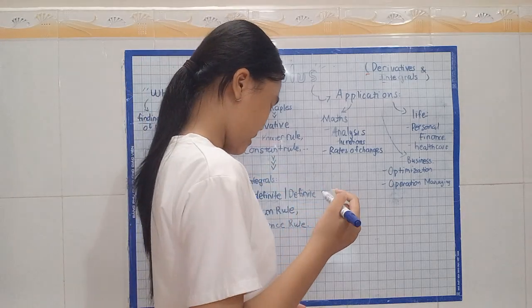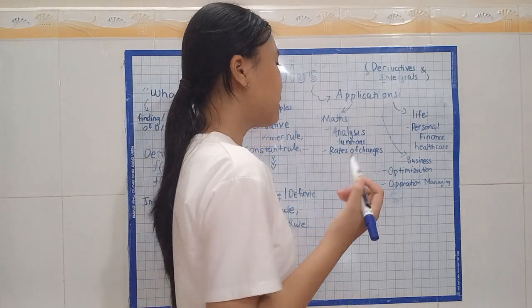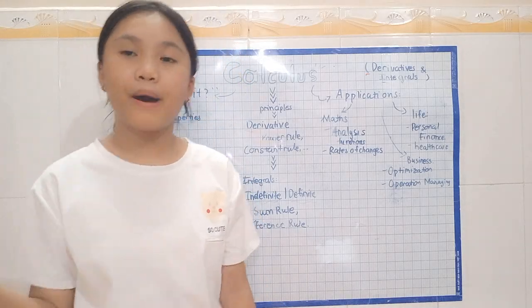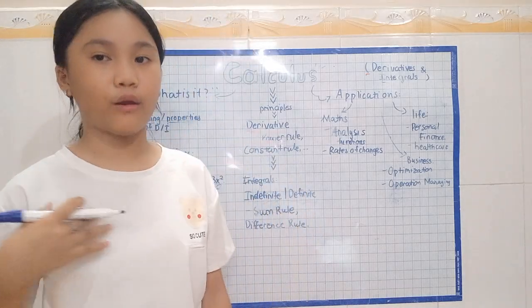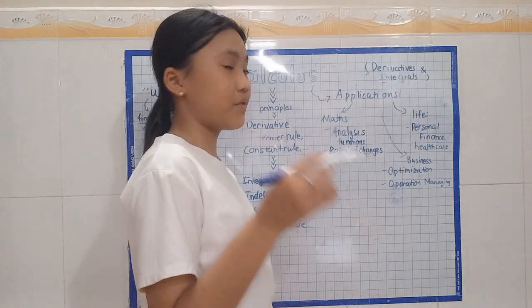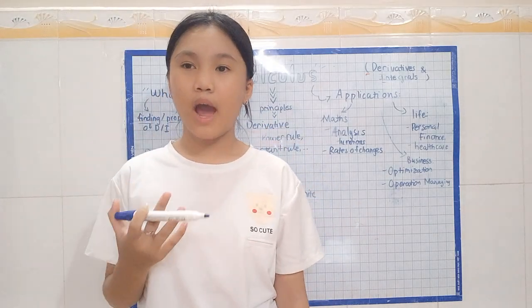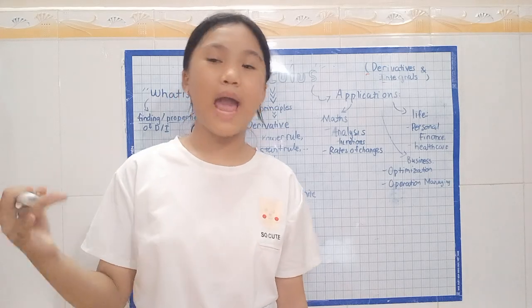Next is daily life. It helps with personal finance, like calculating the budget and spending that you need for each day. It is also used in healthcare, to calculate maybe our stress level, etc.